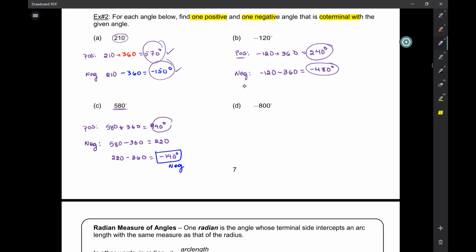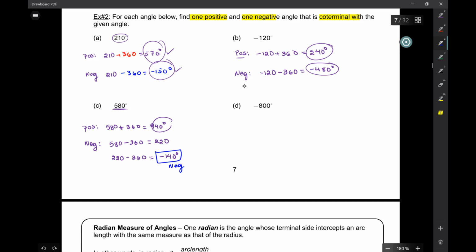What about this 220 and the 940? Which one of them is actually a coterminal angle? Well, they both are. There can be infinitely many answers for these. As long as you get a positive value, and you got that positive value by adding or subtracting a series of 360s, then you're good to go.